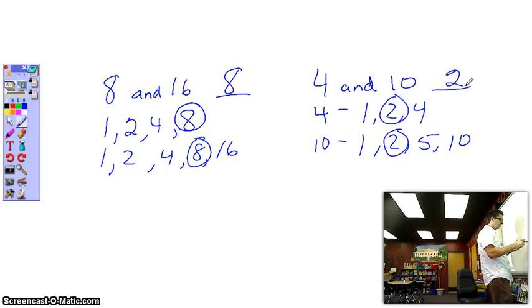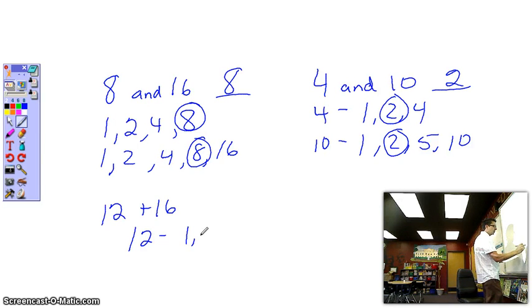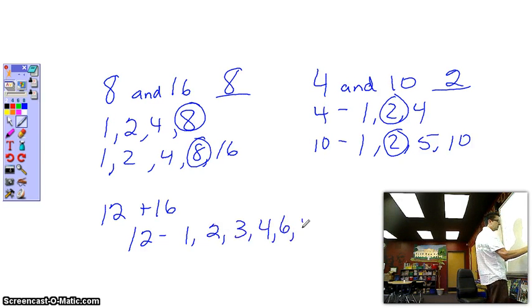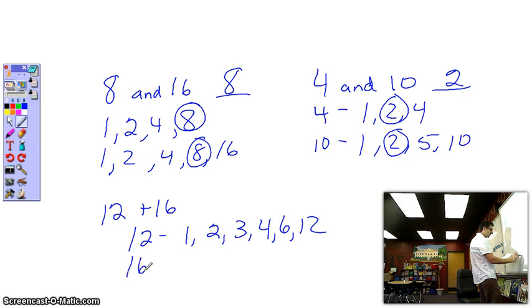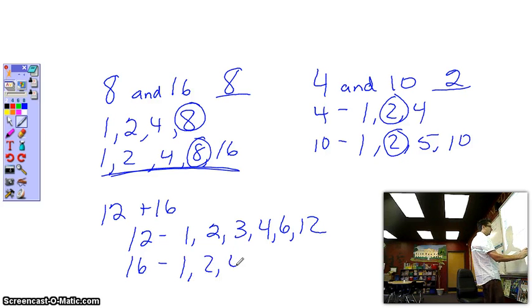All right, and then the factors of 12 and 16. Factors of 12, we have that above: 1, 2, 3, 4, 6, and 12. Make sure you keep those numbers in order. Makes it a lot easier to find the greatest common factor. 16, we just did that right here: 1, 2, 4, 8, and 16.